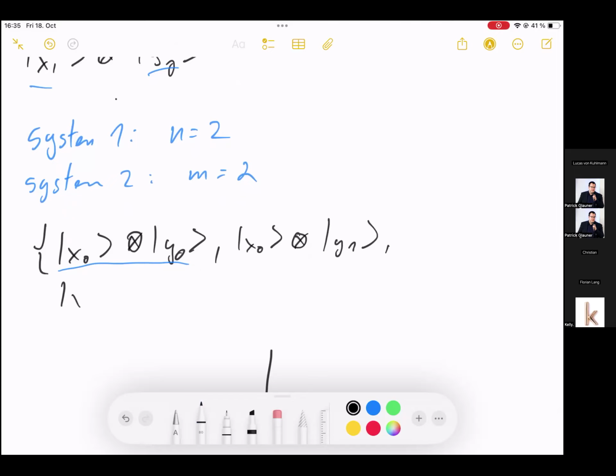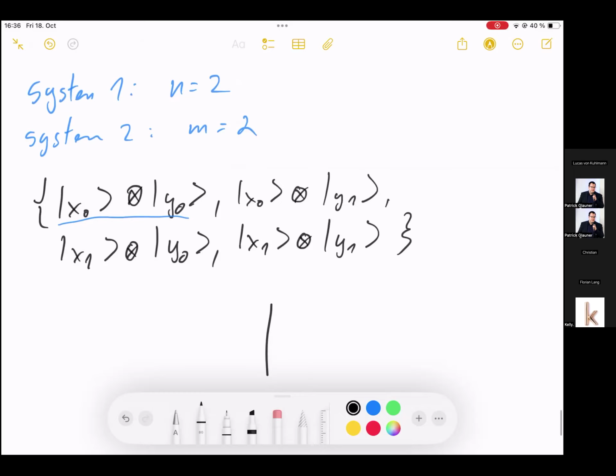Then we have x1 ket tensor y0 ket. And the last basic state is the tensor product of x1 ket and y1 ket. So this set denotes the four basic states, the standard basis of the composite system.